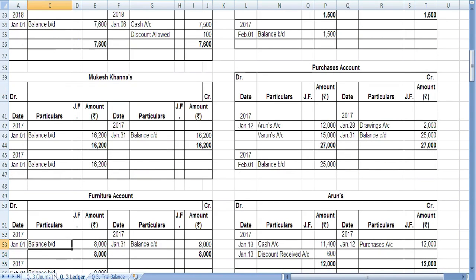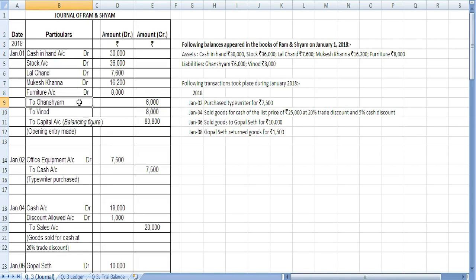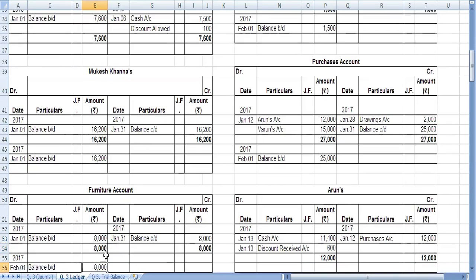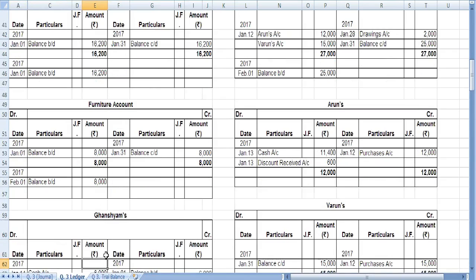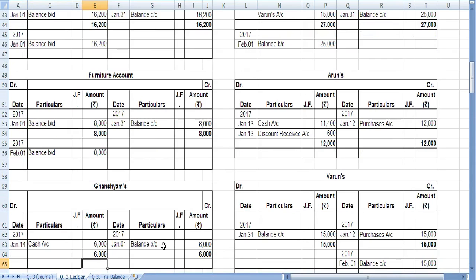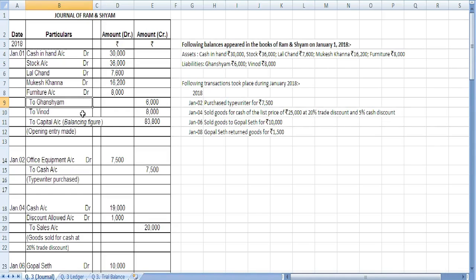Okay, then we have Ghanshyam. Now this becomes the liability, so the opening will start from the by side. Okay, so when we come down here we have Ghanshyam, the opening will start from the by side, by balance b/d 6,000. And then we have Vinod.